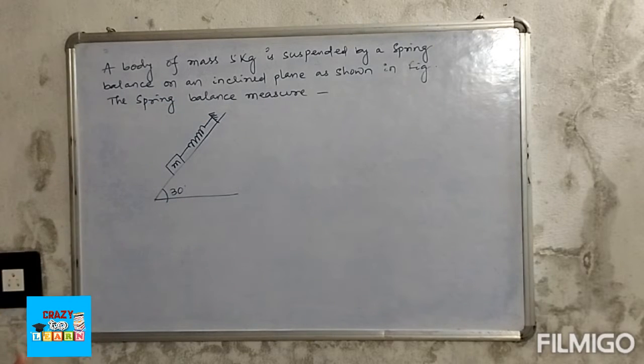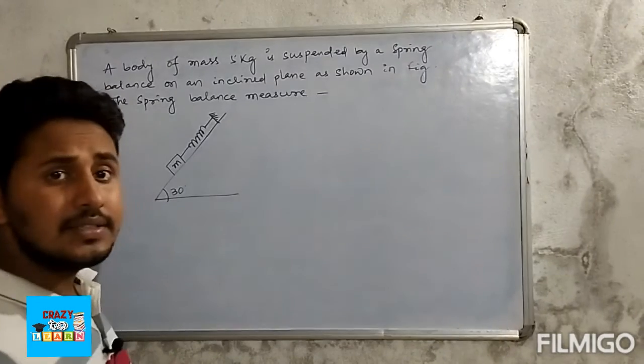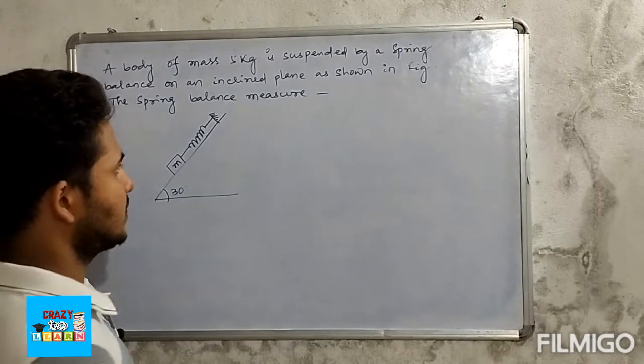So to solve this problem, you have the idea of resolution of vector into two components. So first I describe that thing shortly, then we will go for the problem. So what is resolution of vector into two rectangular components or two components?